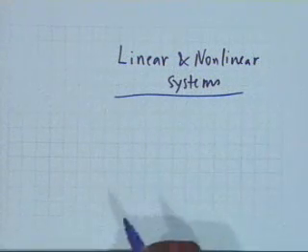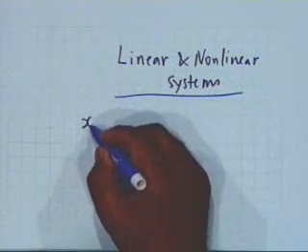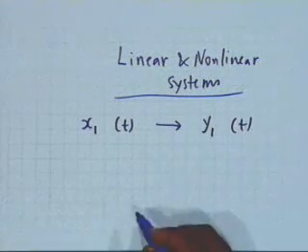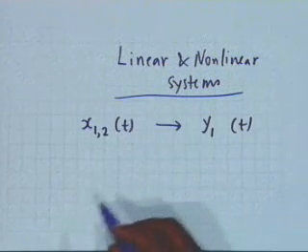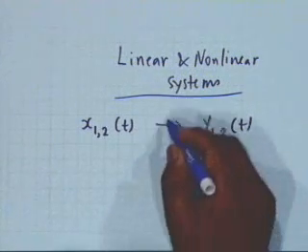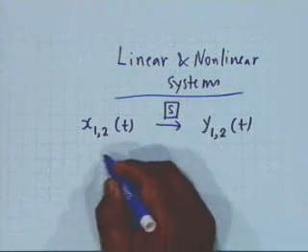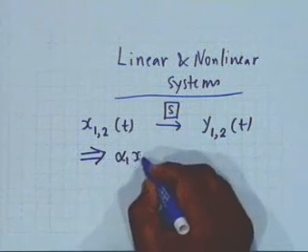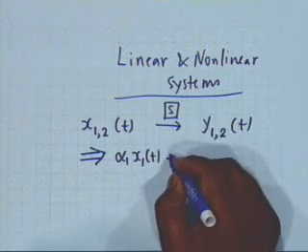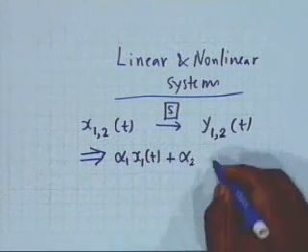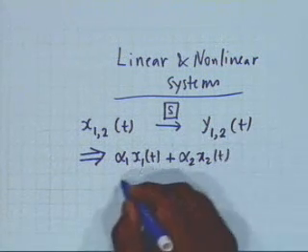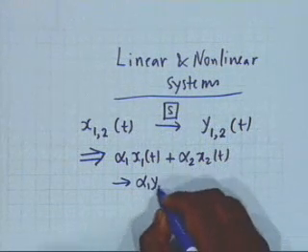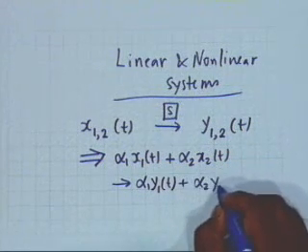And I said the strict, formal definition is that if x1 of t leads to y1 of t, and if x2 of t applied independently leads to y2 of t, this is the system S, and this implies that if you multiply x1 by an arbitrary constant alpha 1 and superimpose this on alpha 2 multiplied by the second input, it leads to the same type of multiplication and superposition of the outputs, that is alpha 1 y1 of t plus alpha 2 y2 of t.